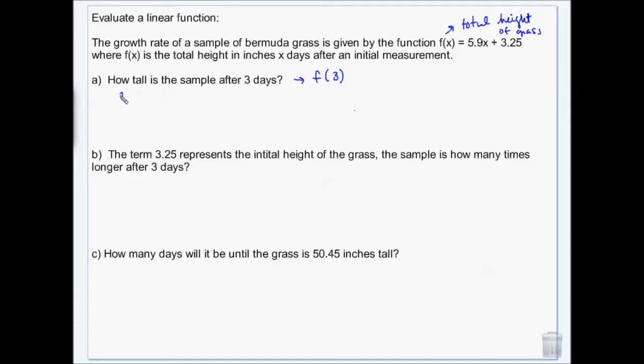So I'm going to put in a 3, and I'm going to cheat and get the calculator.